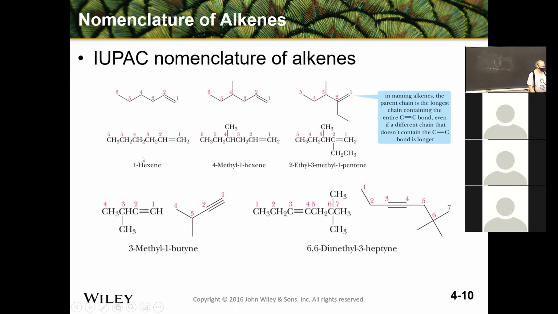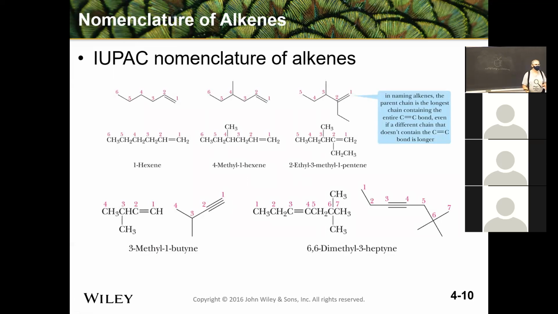We have 1-hexene, 6 carbons, double bond between 1 and 2. 4-methyl 1-hexene. Okay, and then this one illustrates an important point. When we were talking about alkanes, the parent is the longest carbon chain.